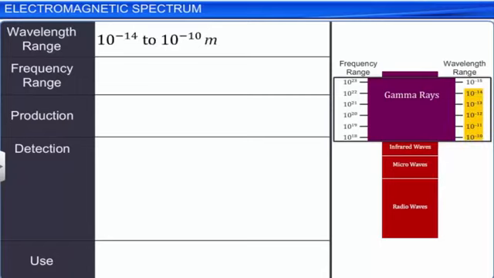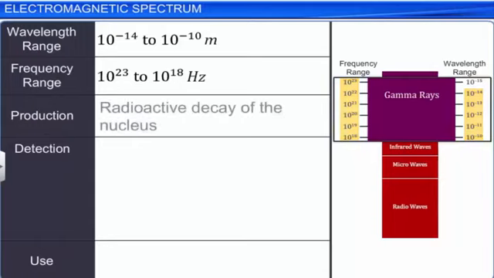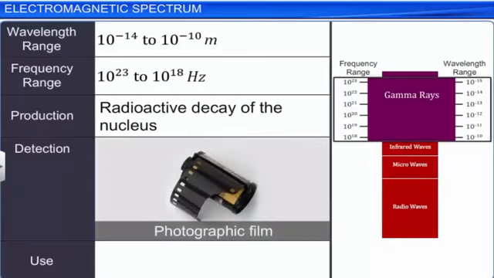Frequency range of gamma rays is from 10^23 Hz to 10^18 Hz, which lies in the upper frequency range of the electromagnetic spectrum. Gamma rays are produced by the radioactive decay of the nucleus. They are detected by photographic films, Geiger tubes, and ionization chambers. They are used in medicine to kill cancer cells.